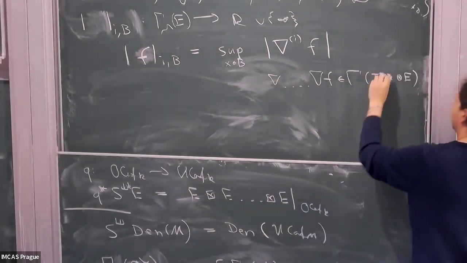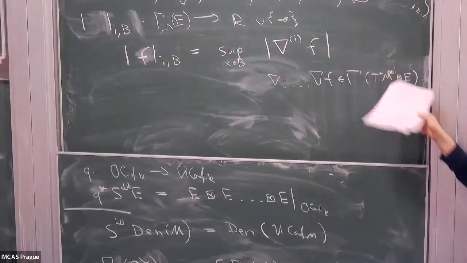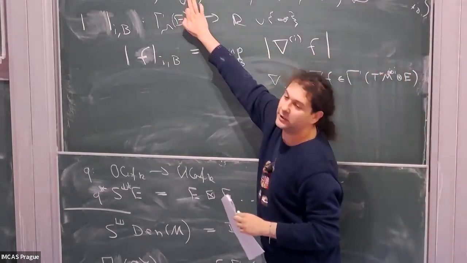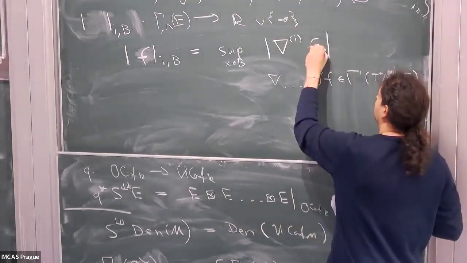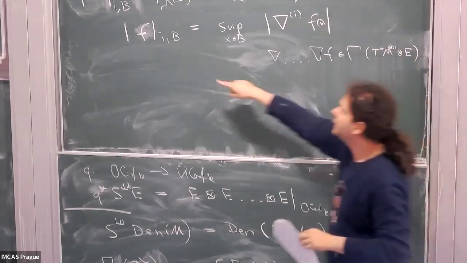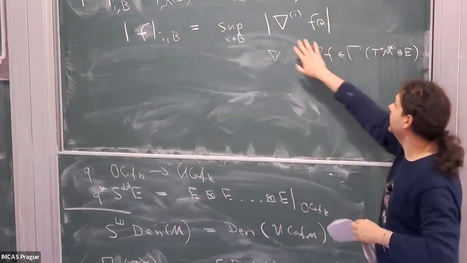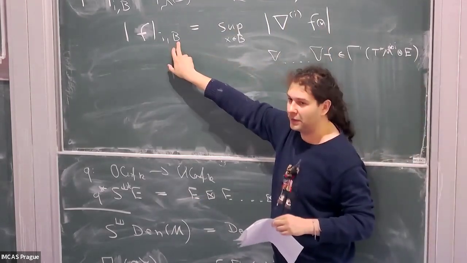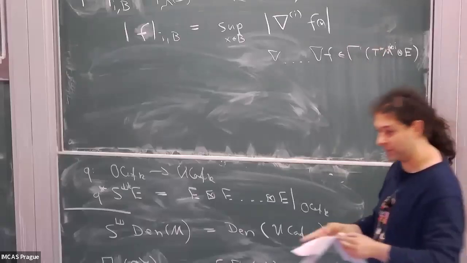If I apply it i times, this will have i slots for covectors and then one slot for E, and then I need the dual metric of g and h together to say what the absolute value of this is. If B were compact or pre-compact sets, this value would always be finite because this is still a smooth section. But because now we are generalizing to bounded sets, the value might be infinite.